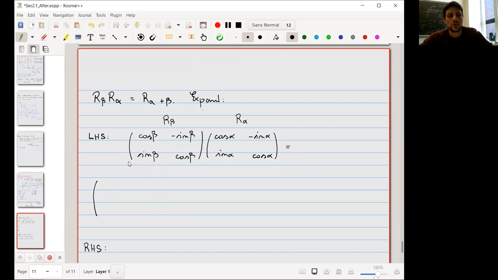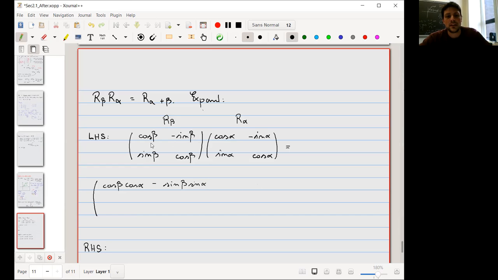So the first entry will be first row, first column. It's cosine beta cosine alpha minus sine beta sine alpha.